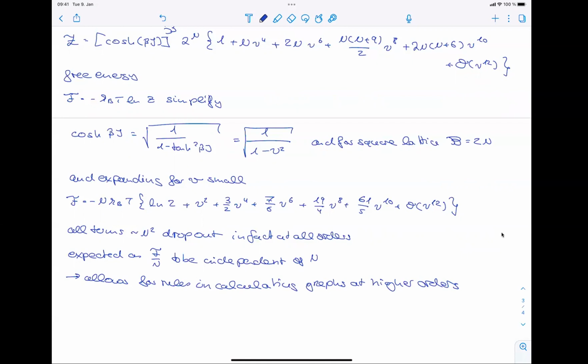So the key is we have the free energy, and now from the free energy, we can derive the thermodynamic properties.